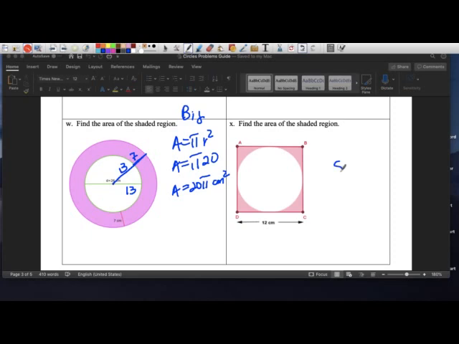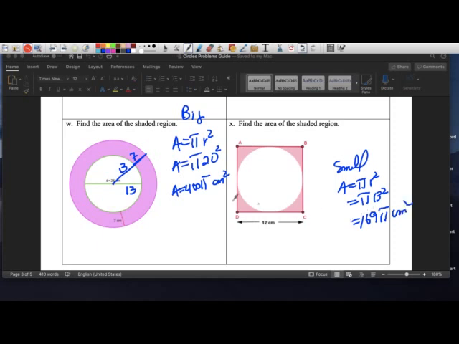The small circle, that's the easy one. Again, a equals pi r squared. Pi, and the radius of the small circle is 13. Oops, 20 squared, so this should have been 400. I'm sorry, I should have written 400 pi. This one is 13 squared, which is 169 pi centimeters squared.